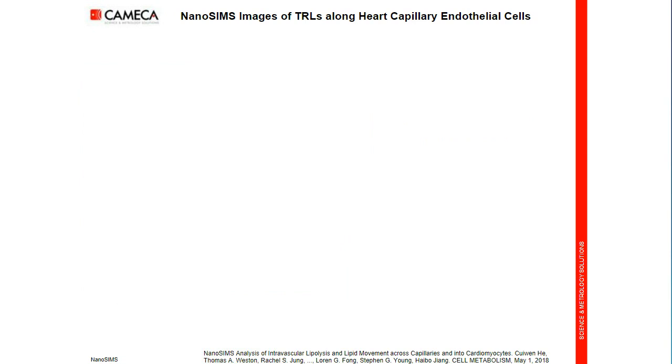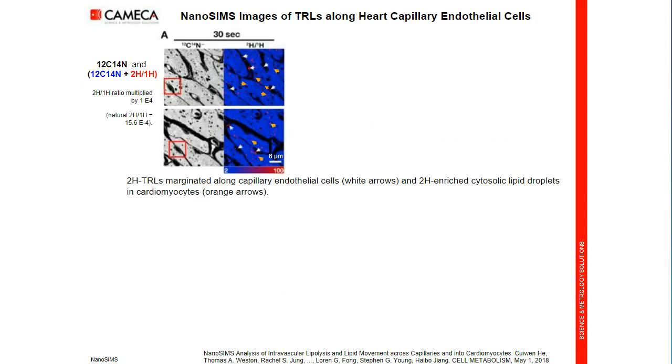First, we see two representative images of heart tissues, one above the other, 30 seconds only after injection of TRLs. On the left, one can see capillary inside red square in the black and white CN image, surrounded by cardiomyocytes.